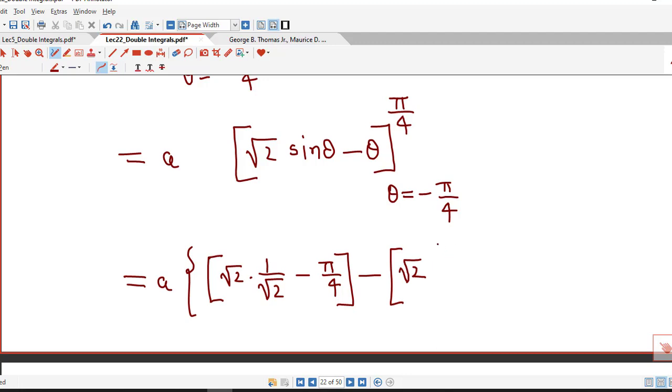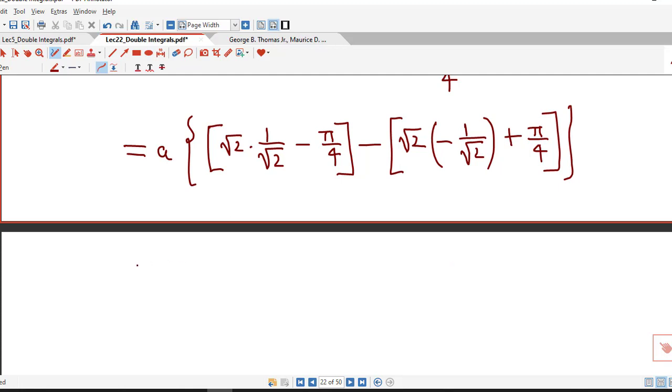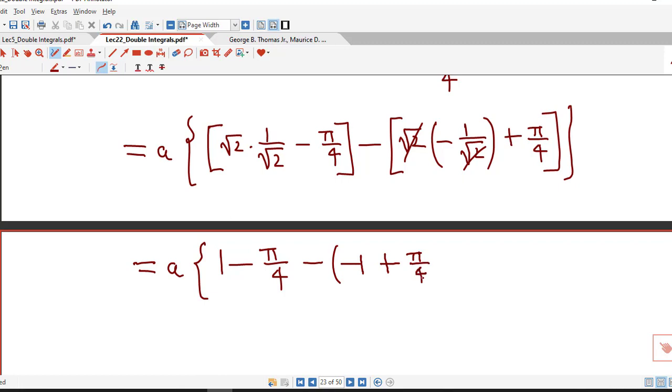Square root of 2 sin of minus pi by 4, that is minus sin pi by 4, which is minus 1 by root 2, and minus of minus pi by 4, that is plus pi by 4. So this is equal to, now we simplify this, root 2 will cancel out, 1 minus pi by 4. We write one more step here, root 2 will cancel out, and minus 1 plus pi by 4.